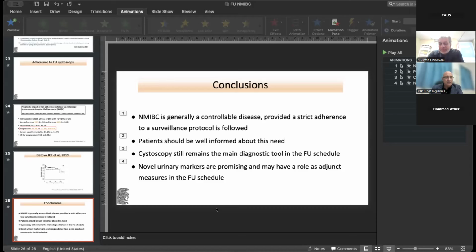Based on the data, I think one of the already extensively investigated tools is the blue light flexible cystoscopy.